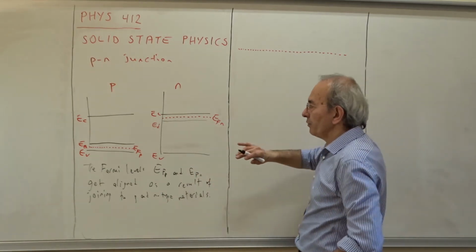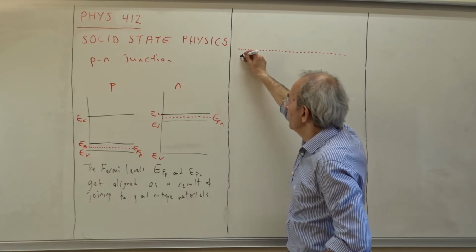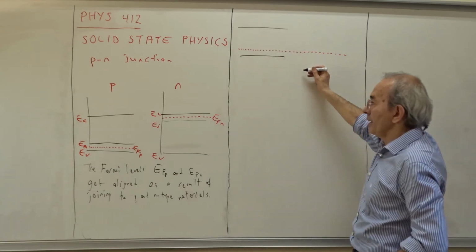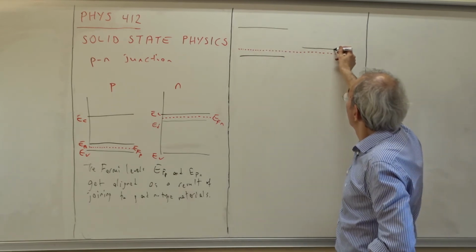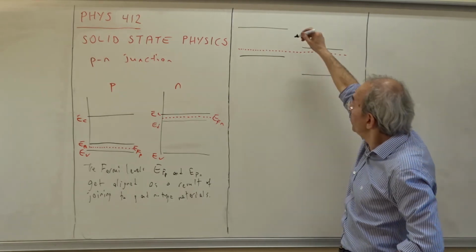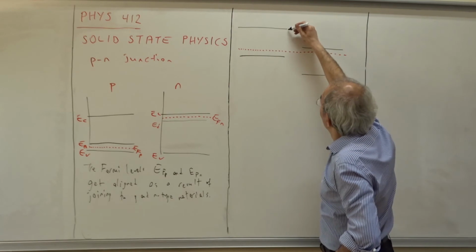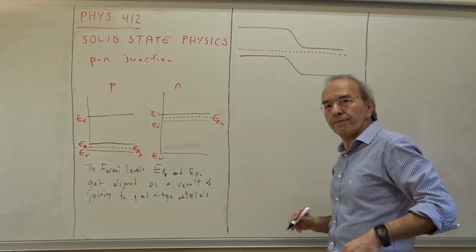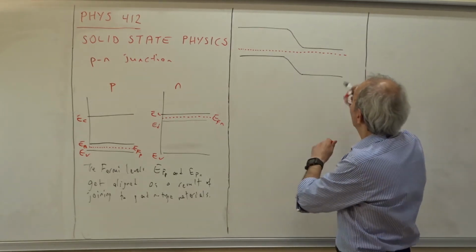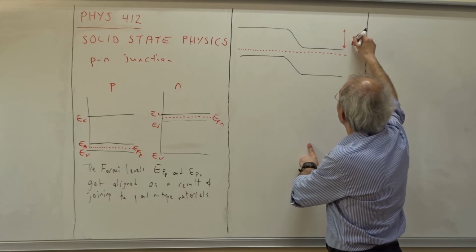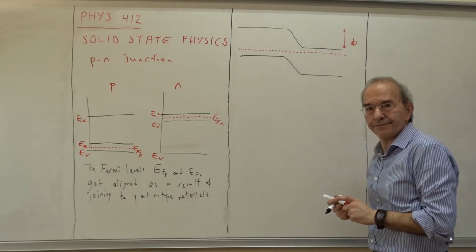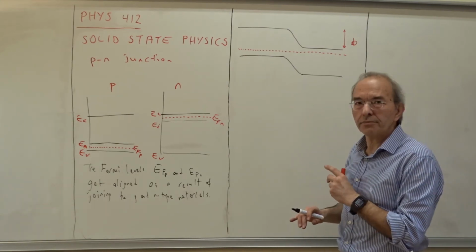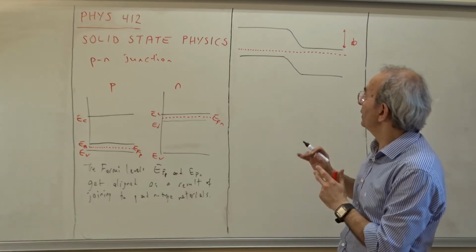Don't play with the order. So we have this p and n, but here there is a slope. This difference corresponds to the contact potential phi. I won't make it too crowded by writing other parameters, but this is the main idea.